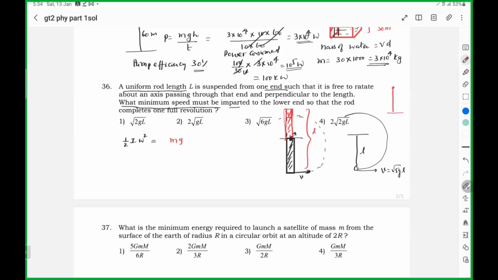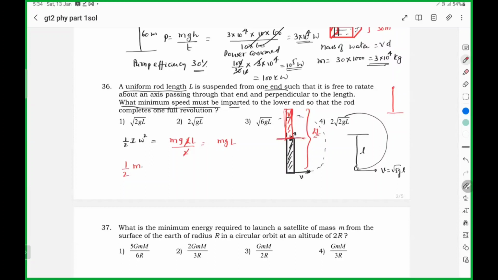So this end is at a distance of 2L, and the center will be at a distance of L. We will use the center of mass concept. The potential energy associated with it will be mgL, so this is half. The rod is rotated about this end.